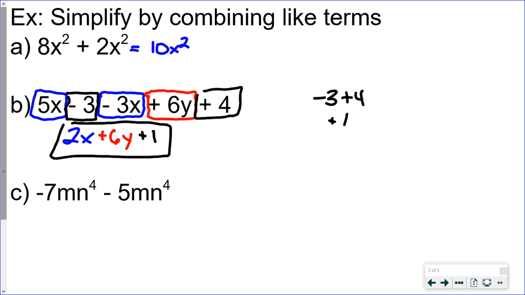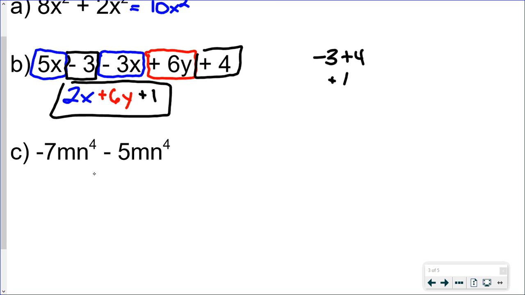All right, and then this last example here, these both have the same variable factors of mn to the fourth. So I can combine negative 7. Again, that symbol belongs with the 7, and this symbol belongs with the 5. So what I'm looking at is negative 7 minus 5. Remember, any subtraction problem we can change into an addition problem.